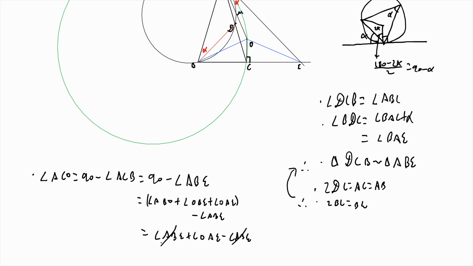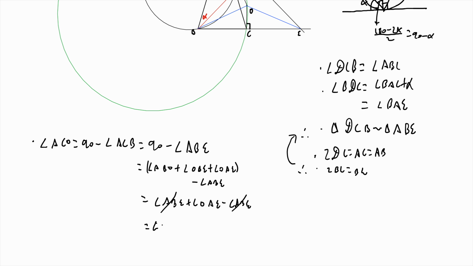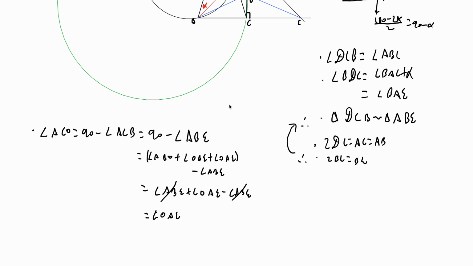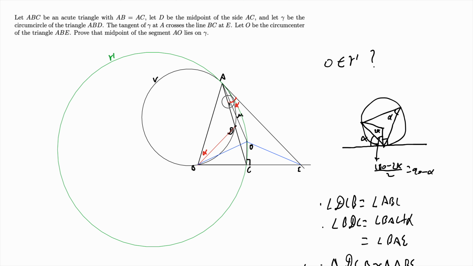So these cancel, and therefore ACO equals OAE. Sorry, this alpha goes in here. Should we call this OAE beta?